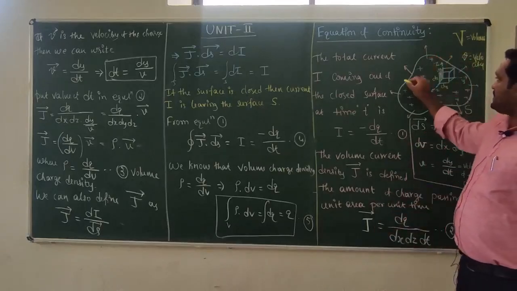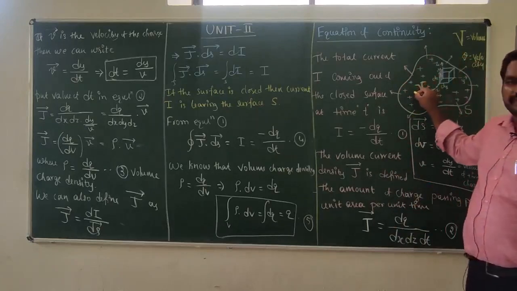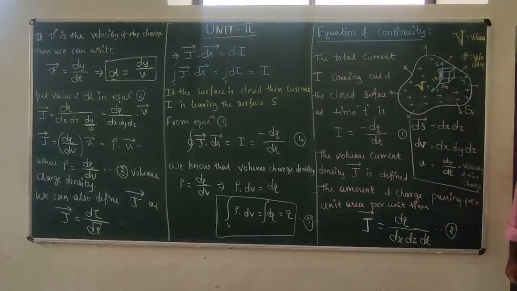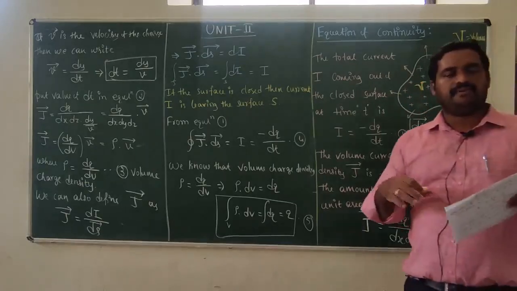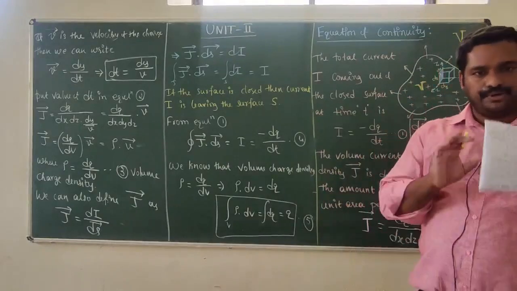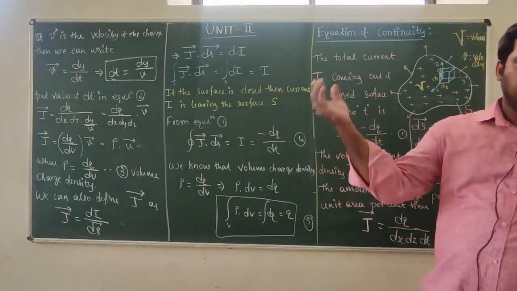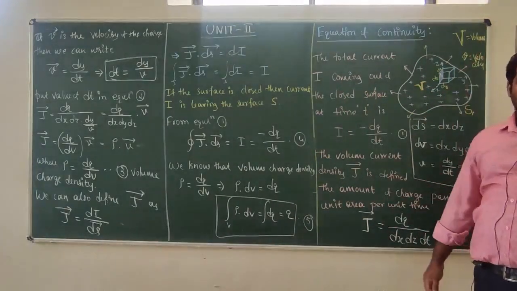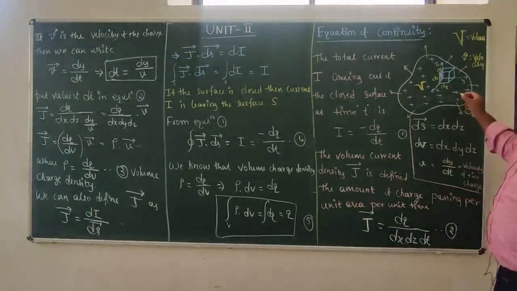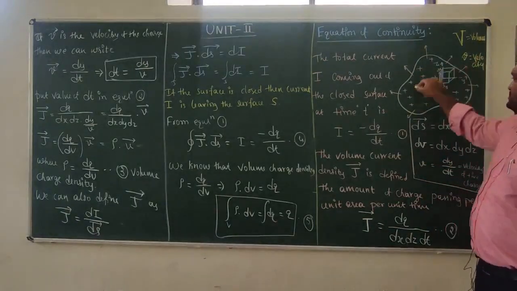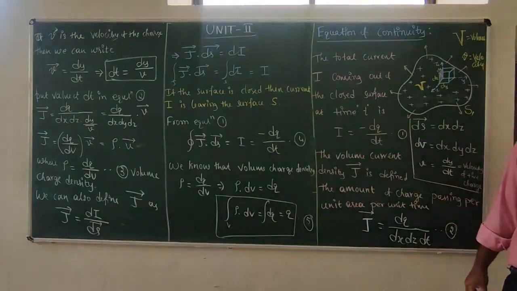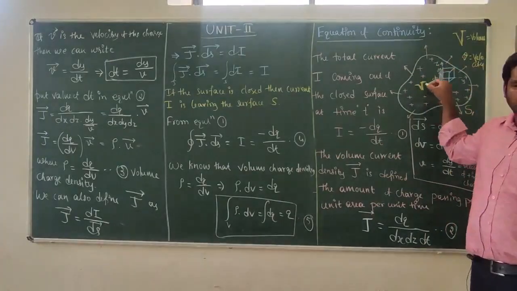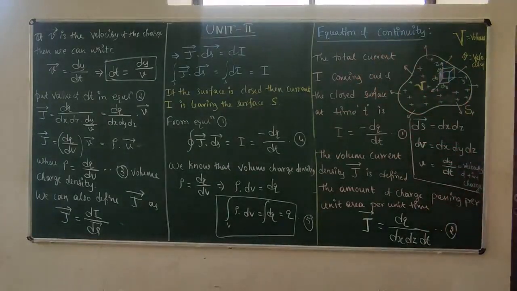Now, we are going to consider a region of space having volume V enclosed by a closed surface of area S. For imagination you can consider a football, which is a closed surface S, and that surface encloses a certain amount of volume V. Now assume that we have placed some positive charge within this volume, because we are studying the law of conservation of charge.